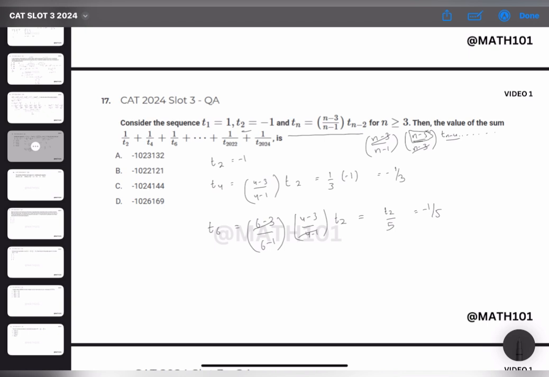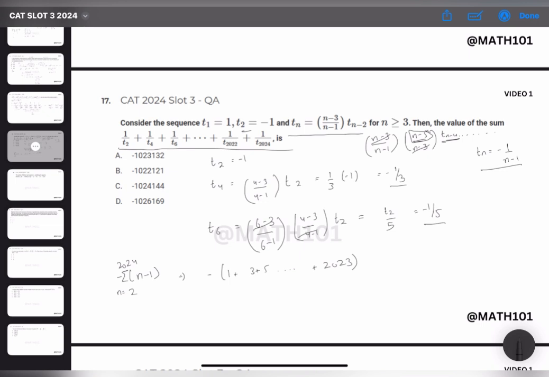Now basically the last standing numerator becomes 1, and t2 itself is minus 1. So we get that tn equals minus 1 upon n minus 1. That's the key observation here, which we can also see holds true for 4 and 6. So this sum simply is minus the sum of 1 upon n minus 1, summed from n equals 2 to 2024. That is 1 plus 3 plus 5.